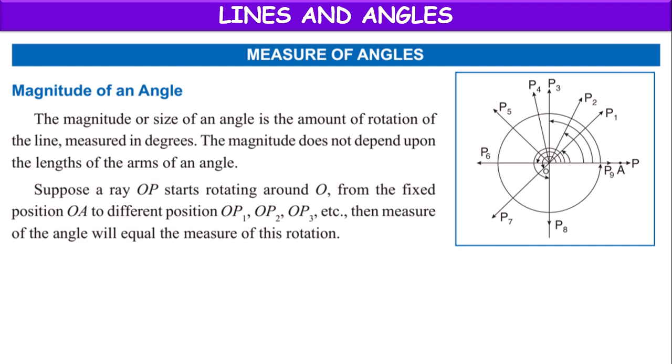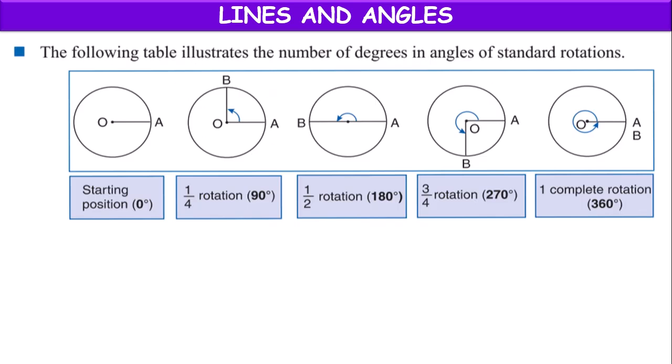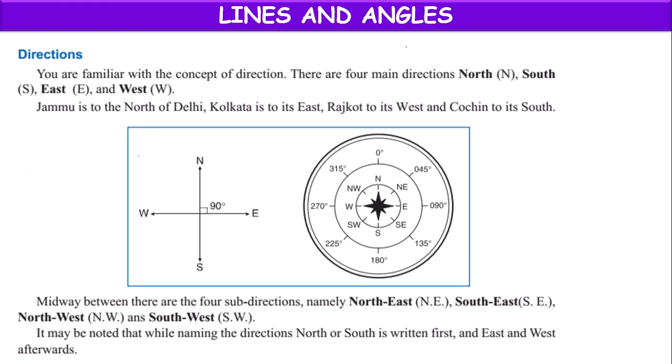Next, measurement of angles, degree of measurement of angle, and some basic angles we have discussed. Regarding clock also we have learned some topics. Next children, in continuation, let's start today's class with directions.